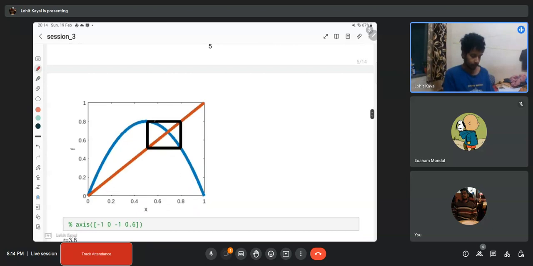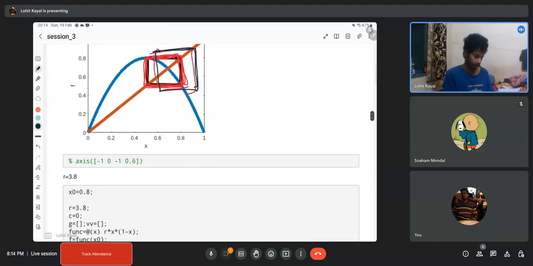So you are getting a 2-point stability. It will just rotate like this. Similarly, if you increase r a little further, you will get a 4-point cycle, something like this and something like this, then 8-point stability.